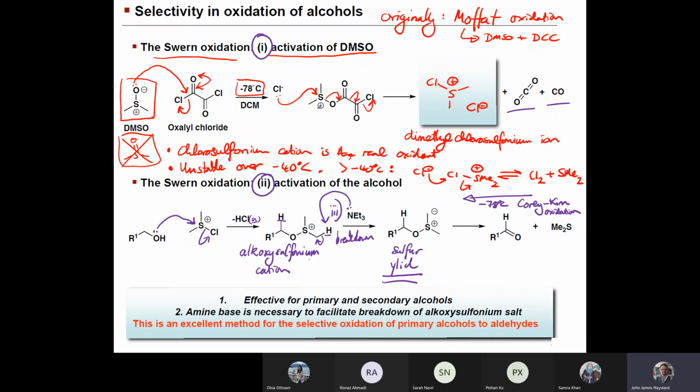A lot of you might recognize the term ylide from phosphorus chemistry. An ylide is a compound where you have a negative charge and a positive charge on 2 neighboring atoms. The name comes from something I'll talk about in a minute. Let's just finish the reaction. So we generate our ylide, and then that ends up deprotonating in this mechanism here.